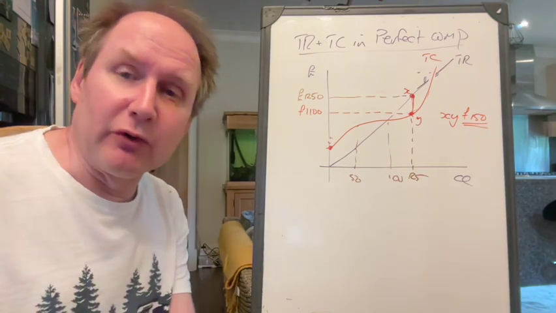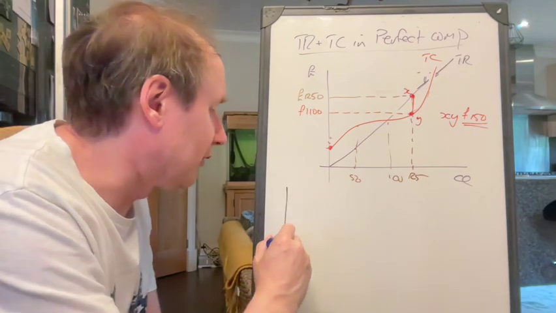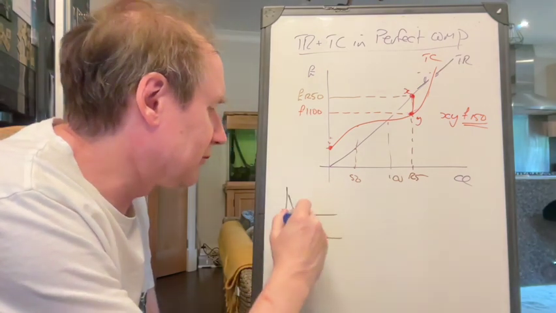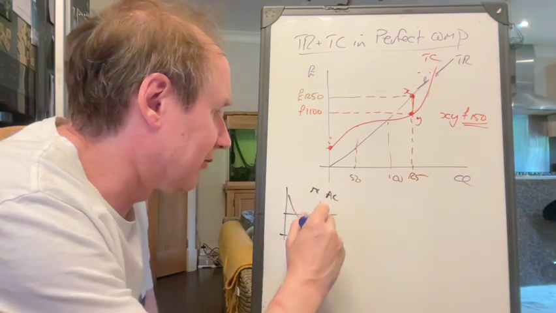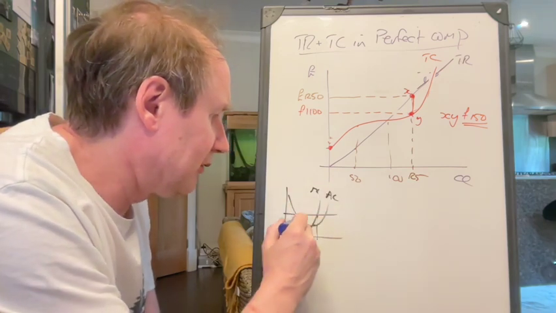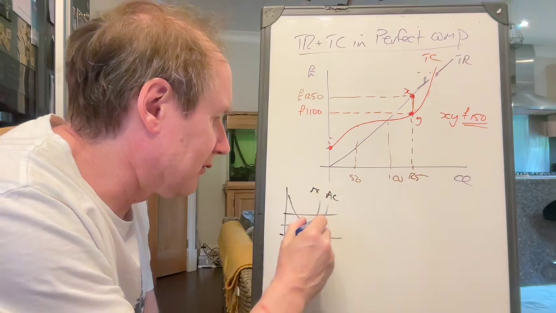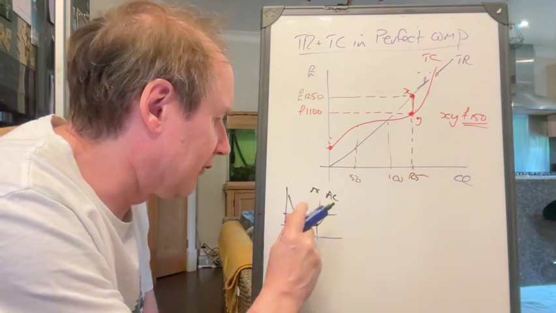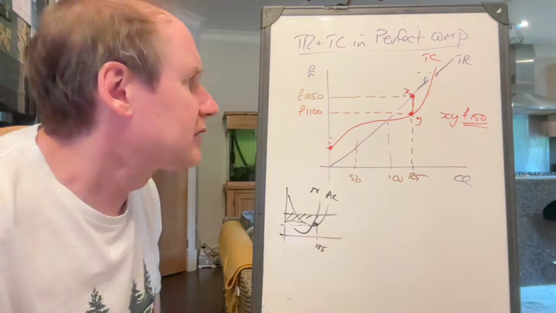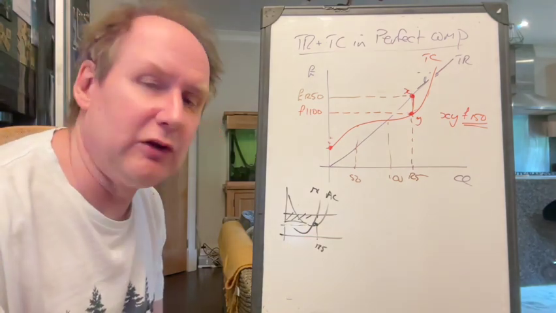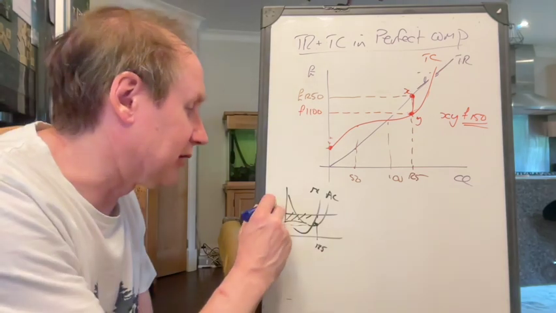What's going to happen in the long run? Well, the equivalent of this diagram is we're making supernormal profit of that level there. That's 125 units. So what's going to happen in the long term is new firms are going to enter the market.